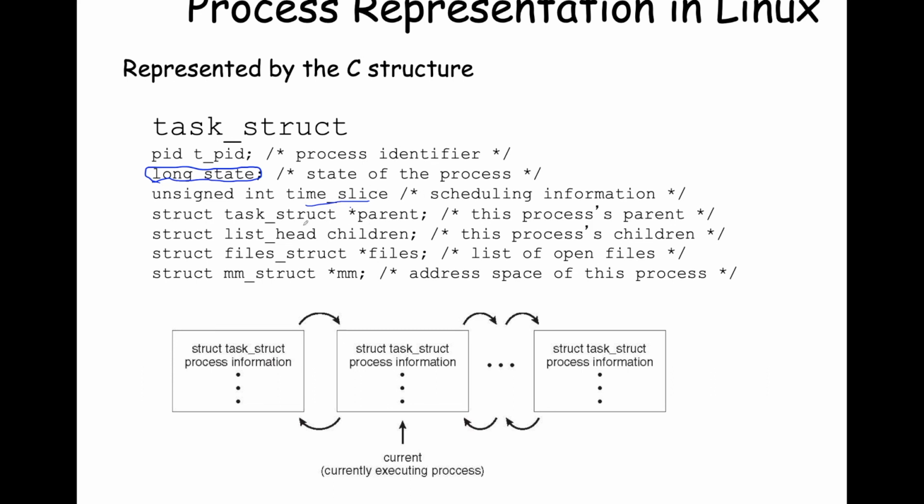That parent is called the parent because it waits for the termination status of each child process that it creates or invokes. Okay, we also have a list that describes this process's children, because a process can create another process, can create another process. And then we also have a list of open files as well as memory management information through this other structure called memory management struct.